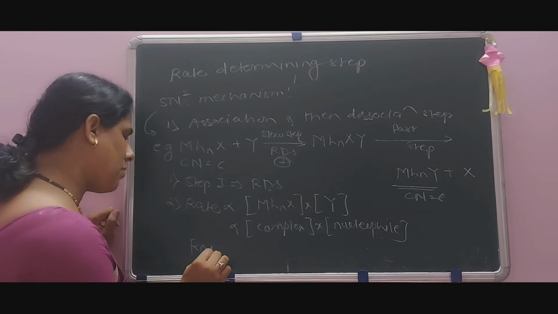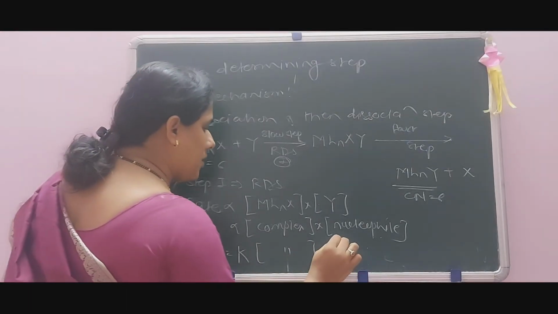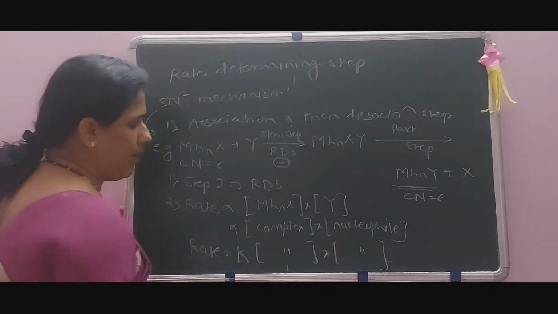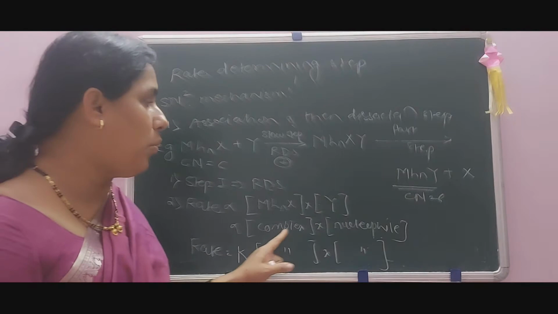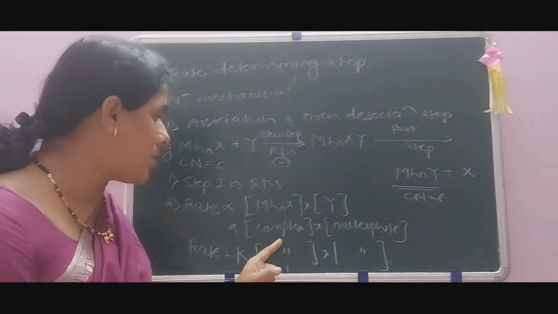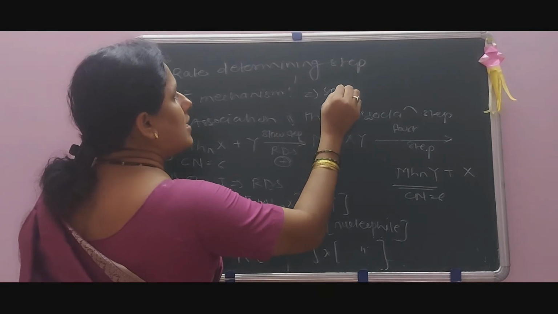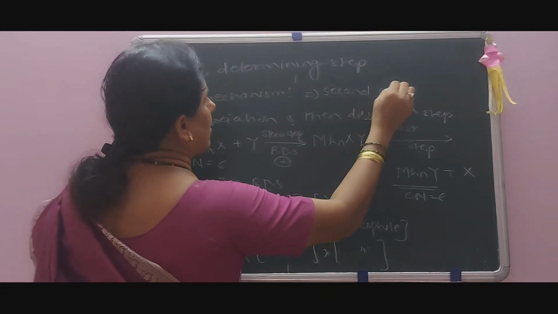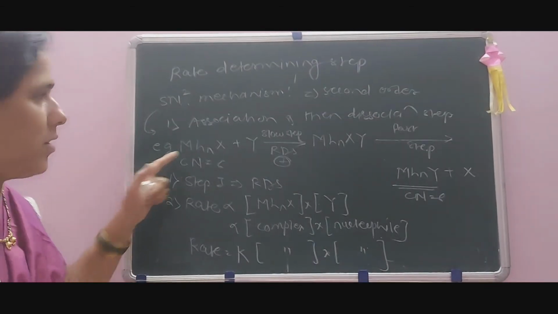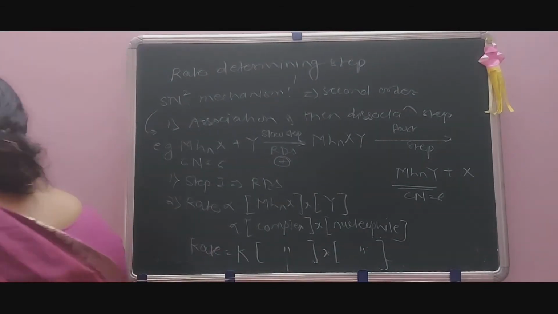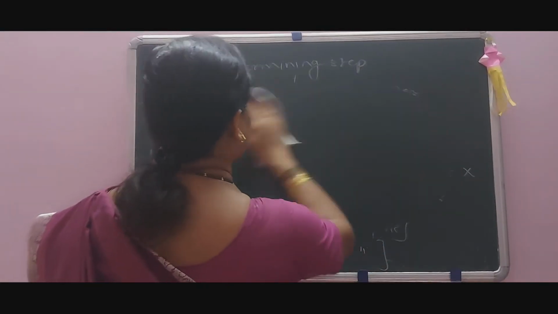Therefore rate is equal to K into the complex into the nucleophile. As the rate of the reaction depends upon both the concentrations of the components, the SN2 mechanism is of second order.